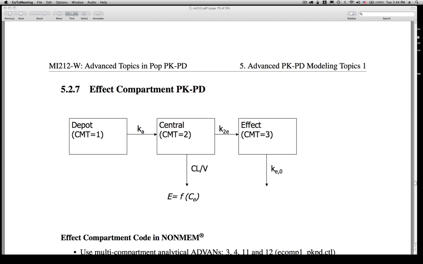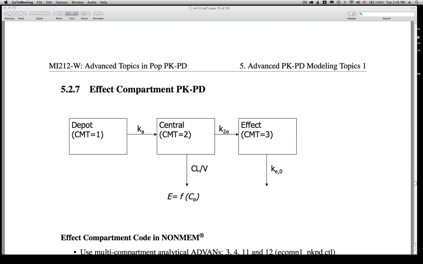You can comment on the comparison between effect model and indirect model in terms of computational difficulties. Well, you know, the indirect pharmacodynamic response model is a differential equation model, and that does lead to some complexities because you have a numerical integration going on, whereas in the other case we have an analytical solution. So there is that complexity.